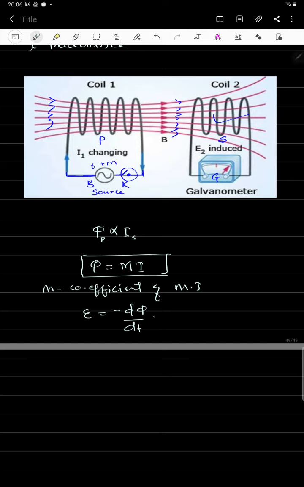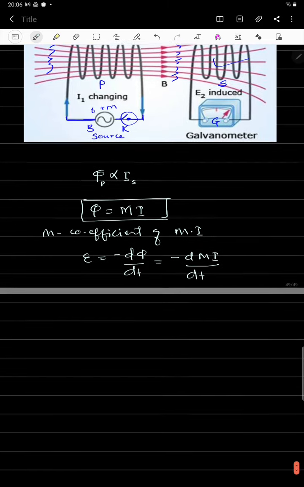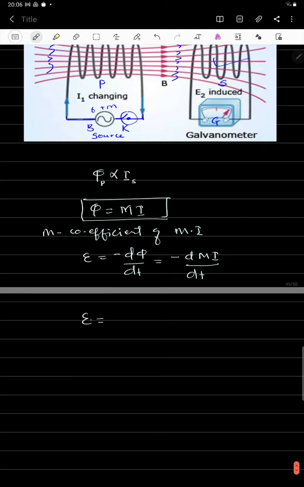So we can write minus d(M into I) divided by dt. Since the current changes with time, the EMF induced in the secondary coil is minus M into dI by dt. This is the mutual induction formula.